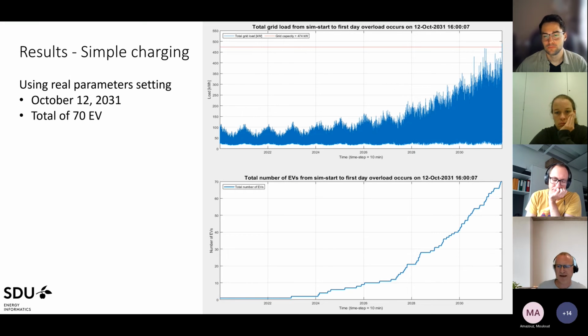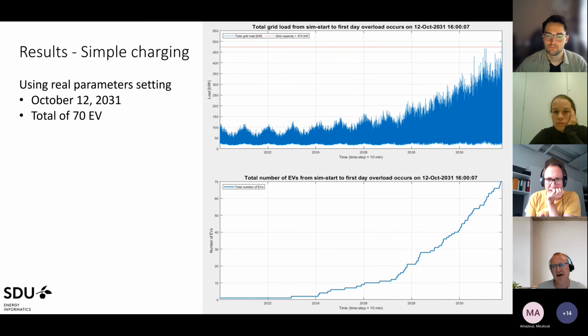So in order to have a baseline, we have done an experiment with simple charging, and by simple charging we mean the charging that happens when people just come home from work, plug in their EVs, and the EV starts to charge until it's fully charged.